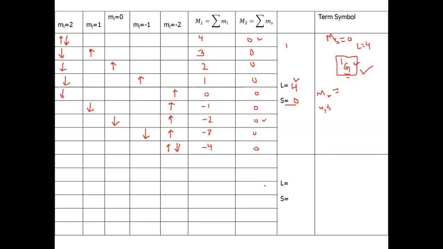Now let us come to our next case, when L was 3. For L equal to 3, S can have only one value, equal to 1. So this represents the term state for L equal to 3, with symbol F. For S equal to 1, multiplicity is 3, so 3F.